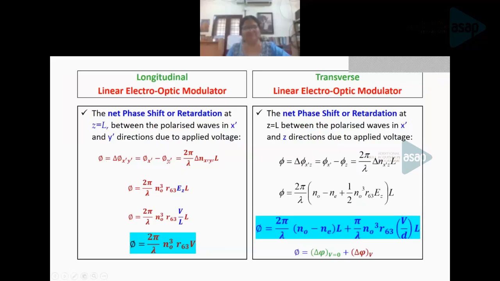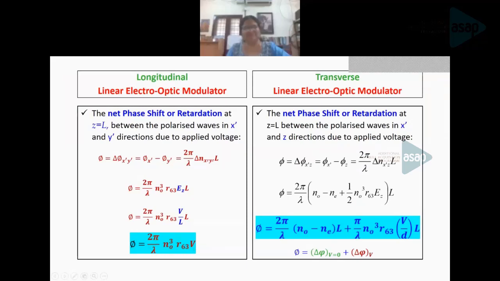So delta n we know, just substitute the value here, and E equal to V by L. So L and L cancel each other. So the remaining phase difference, or induced retardation or induced phase shift, is 2 pi by lambda N0 cube R63 V for longitudinal electro-optic modulator.